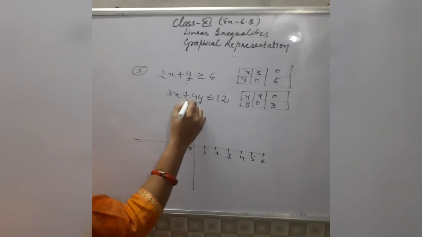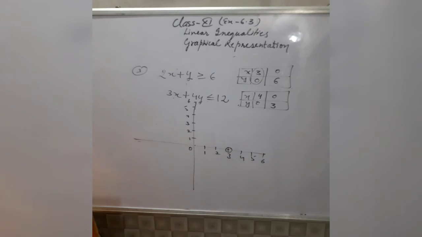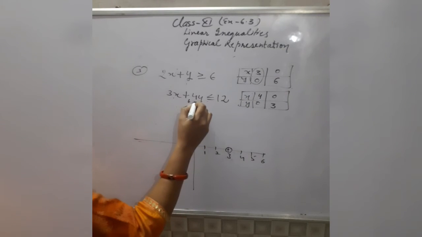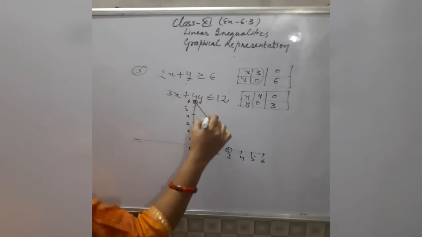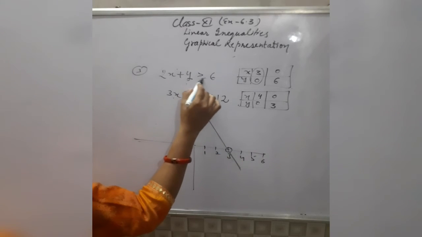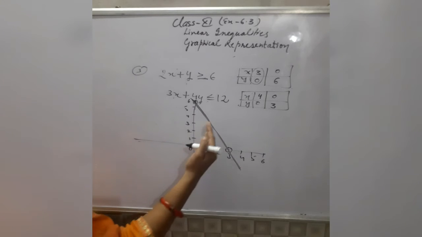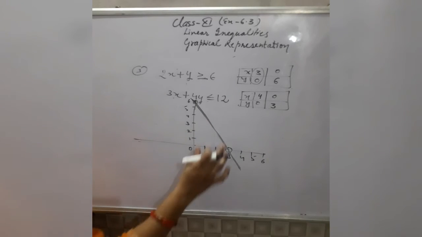Now if you are taking this point x 3 and y 0, this is the point. Now x 0 and y 6, this point, and after joining these 2 points by a straight line, since the equal to sign is given, again you will draw this line dark. Now which portion will you shade in this case?